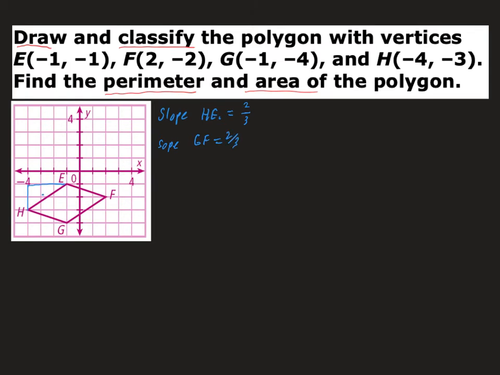So therefore, these two lines are parallel to each other. Okay, so the slope of HG is negative 1/3. And the slope of EF is also negative 1/3. These are parallel to each other too. So therefore, this is a parallelogram.